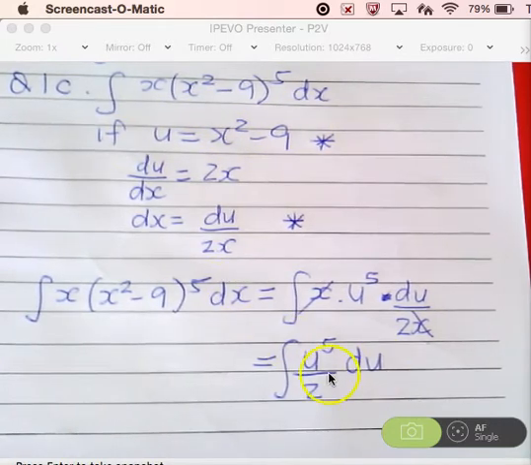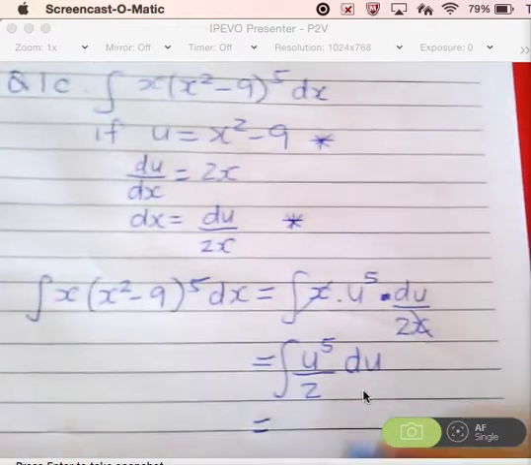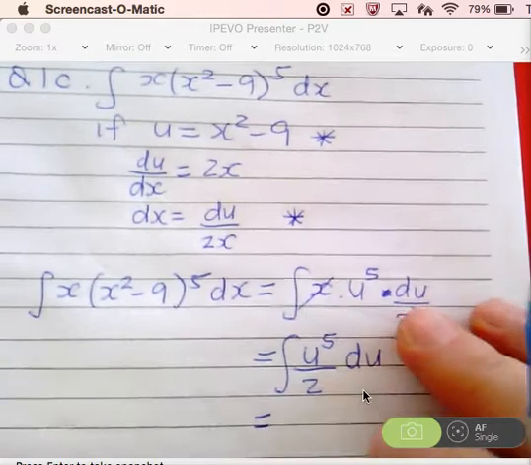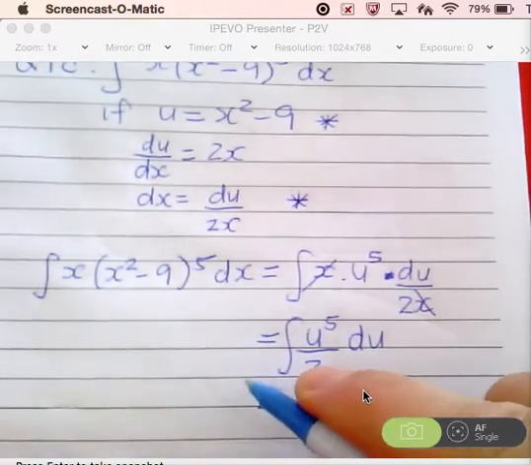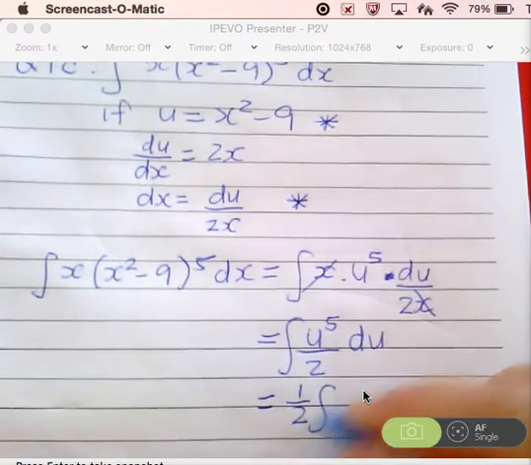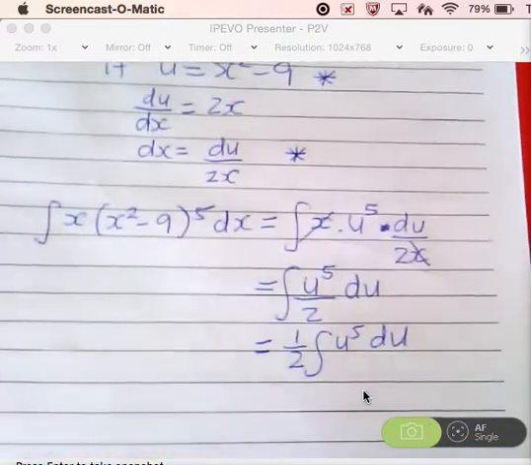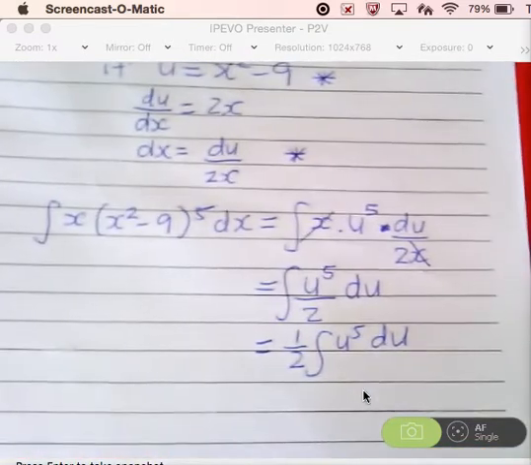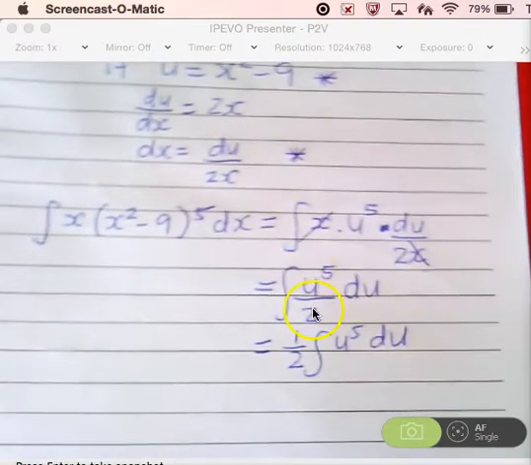So now we just integrate that. What do you get if you integrate that? Remember that the 2 is just a constant. I can take the 2 out the front and make it a half out the front, or I can just keep it. That is the same as doing that. Are you okay with that? That is a constant. It does not get affected by the integration.